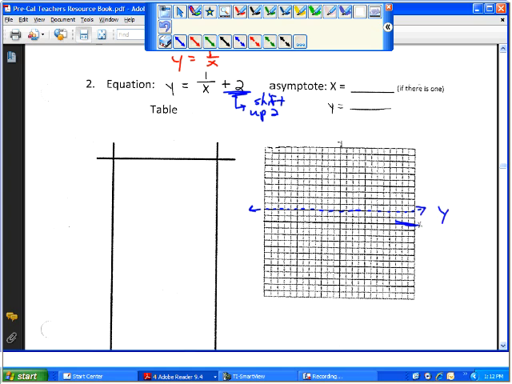So that horizontal asymptote is y equals 2, you see, shifted up 2. There was nothing going on with the x there, so there was no horizontal shift. So our vertical asymptote remains x equals 0, which is the y-axis.